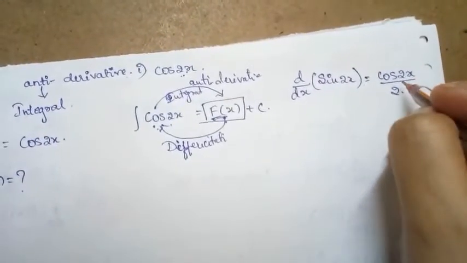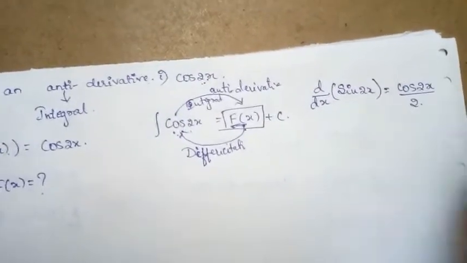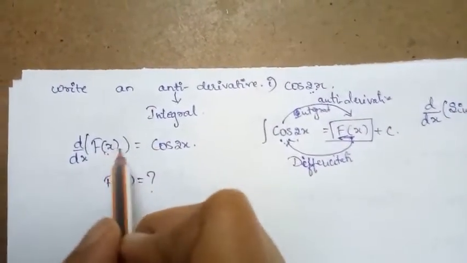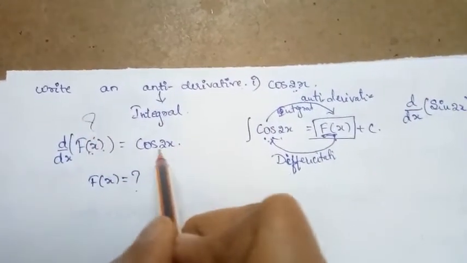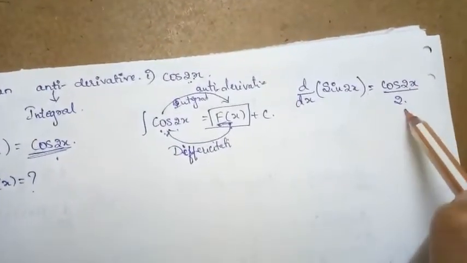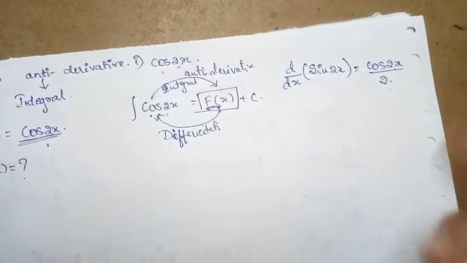But what we require here is cos 2x only. In terms of differentiation, we need to find this f of x so that its derivative is equal to cos 2x. So we got cos 2x times 2, but what we require is cos 2x only.